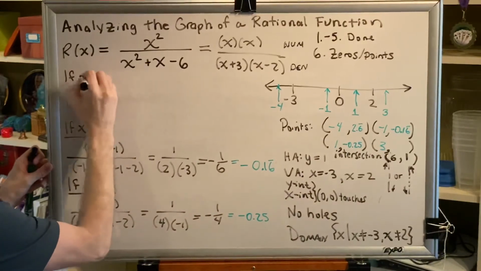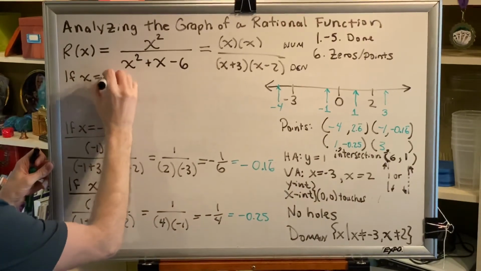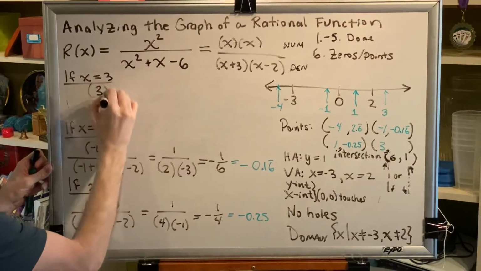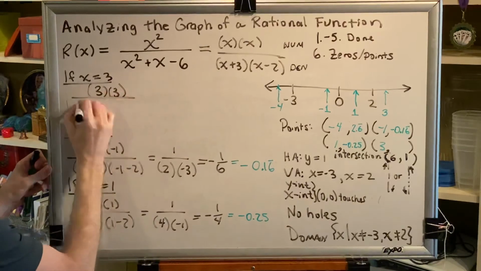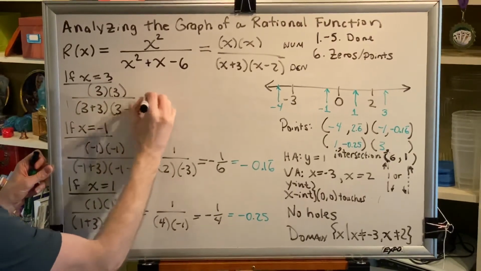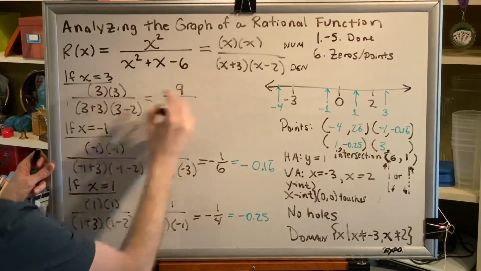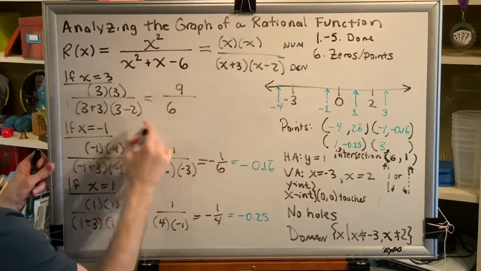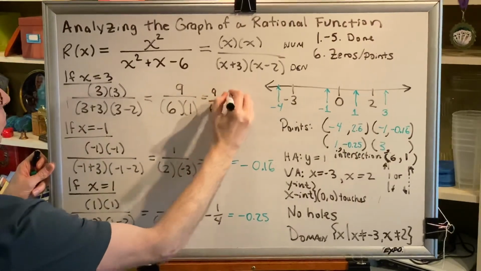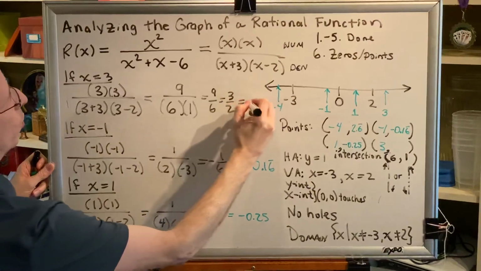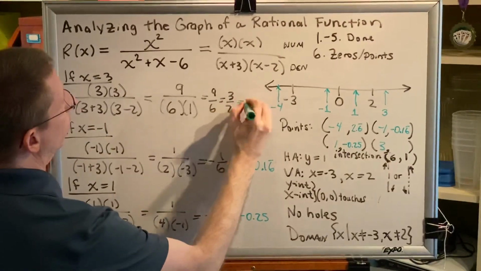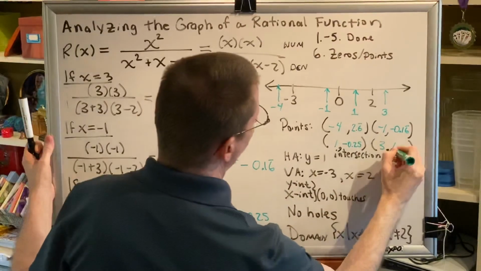If x equals 3, then we would have 3 times 3 over, in parentheses 3 plus 3, and in parentheses 3 minus 2. 3 times 3 is 9. 3 plus 3 is 6. 3 minus 2 is 1. So we get 9/6, which reduces to 3/2, which is the decimal 1.5.